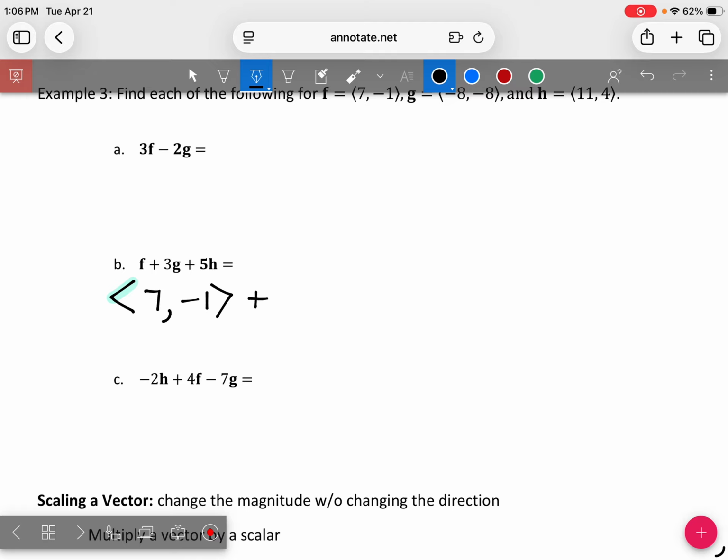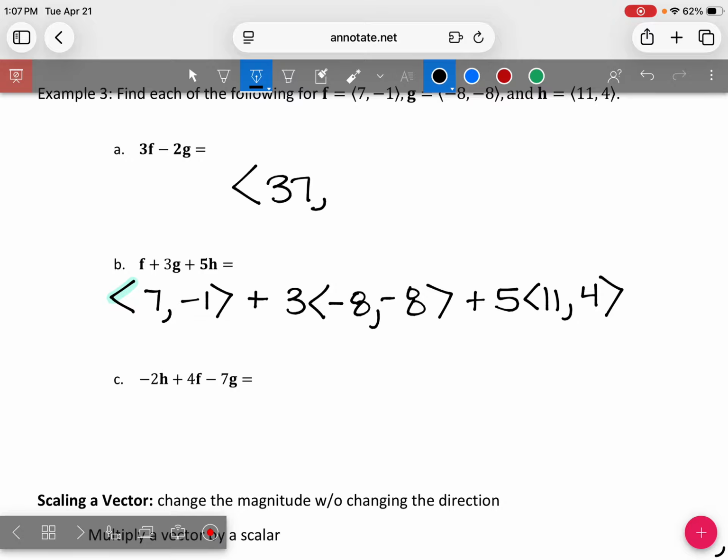And then add to that 3 times vector G. And then add to that 5 times vector H. All right, go ahead and multiply and simplify. See what you get. I'll put the answer for A just in case somebody wants to do it.